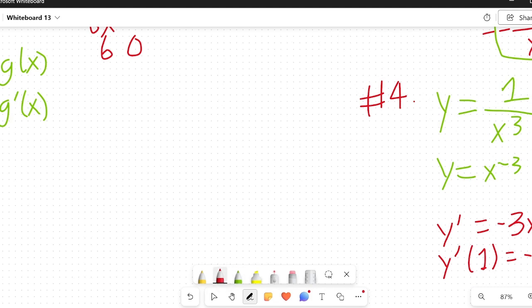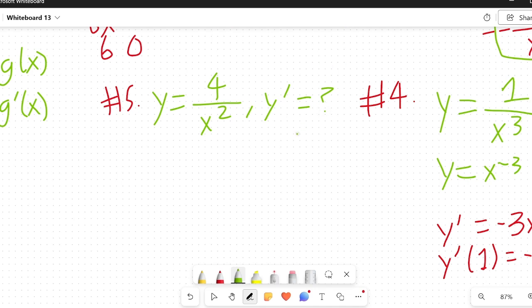So let's do a practice problem on this. Practice problem number 5. Let's say we have to find the derivative of 4 over x squared. What would y prime be equal to? First, let's convert this into a usable form of the power rule: 4 times x to the -2.